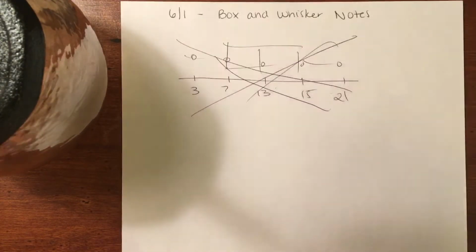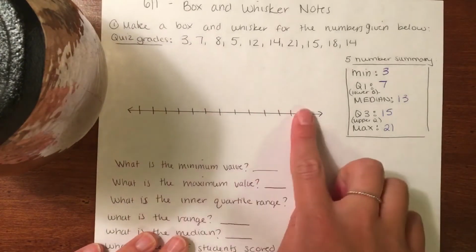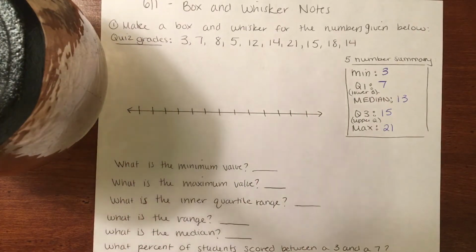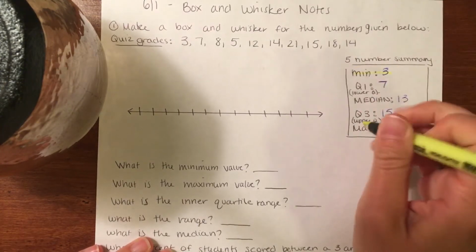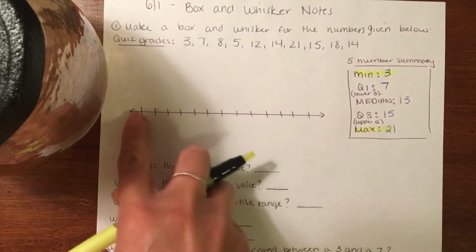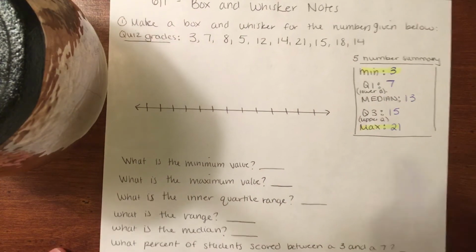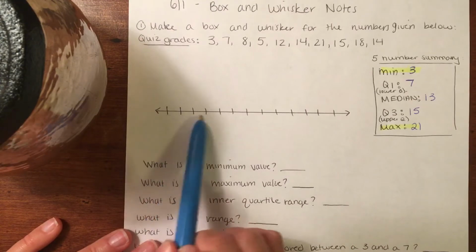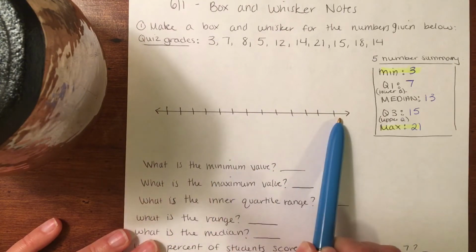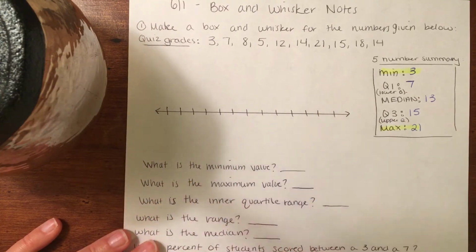What we do need to do when you scale this is pay attention to two numbers, the min and the max, because we need it to include 3 and go all the way up to 21. I already thought about this scale. If I start at 0 and count by 2s, it takes me to 24.